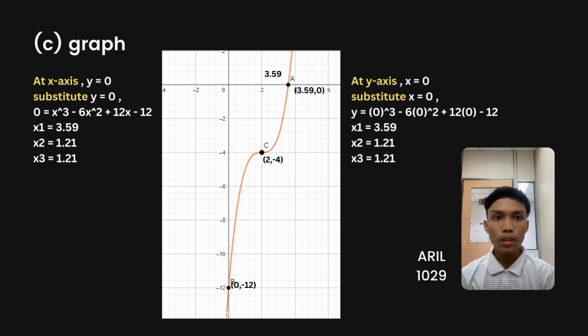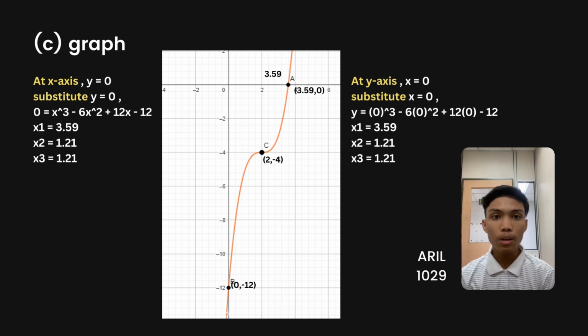To sketch the graph, we must find the x-axis and y-axis intercepts. So, at x-axis, y equals 0. So, substitute y equals 0. It is 0 equals x power of 3 minus 6x power of 2 plus 12x minus 12. So, we will get the answer.